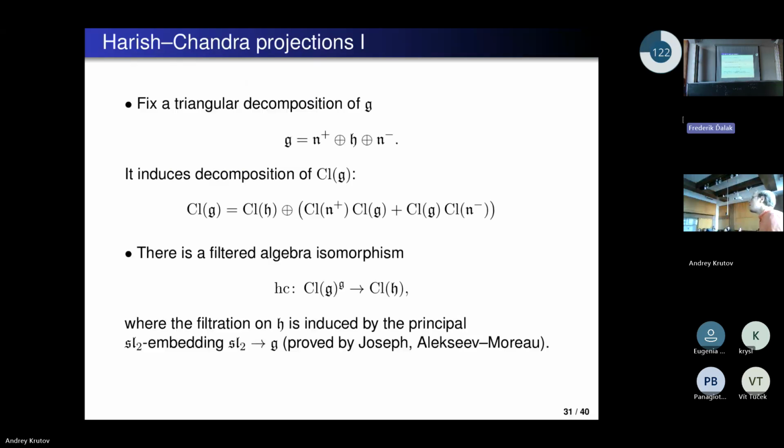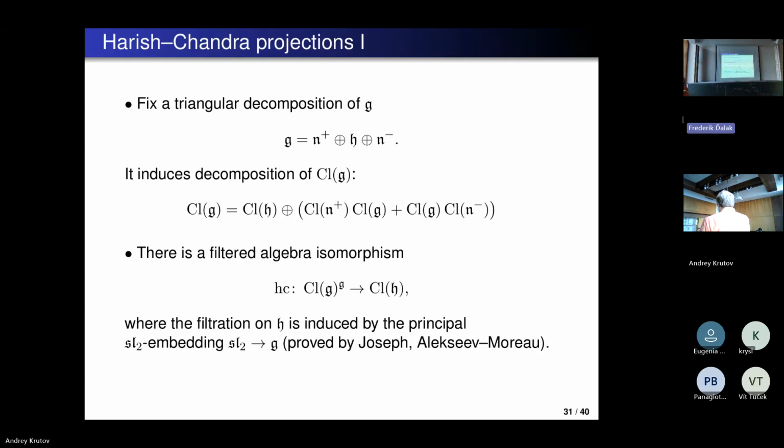All right. So how can you think about these Harish-Chandra type projections? Remember the definition of a Clifford algebra. We take the quotient of our tensor algebra of G by the relation x tensor y plus y tensor x minus 2 B(x, y). So I could formally insert a parameter t here.